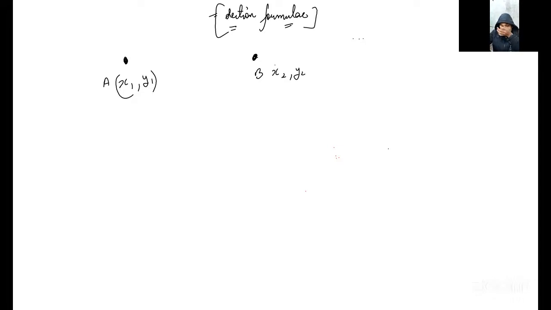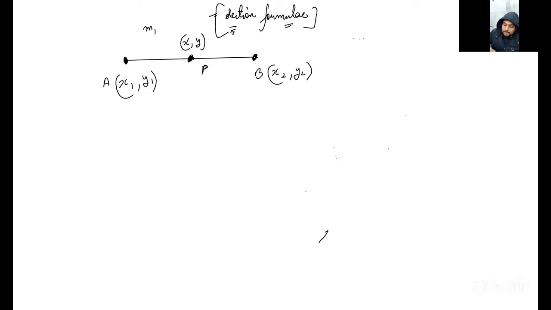This line is divided by the point P, which has coordinates x comma y, and the division is in the ratio of m1 upon m2.